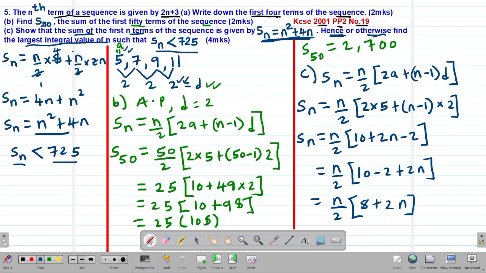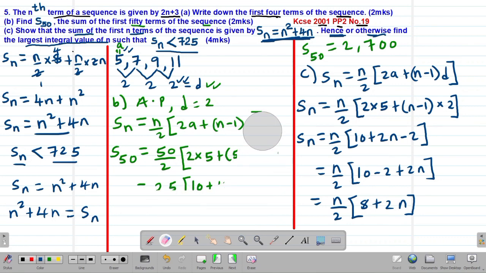So let me rewrite it in this particular manner. We had this equation here: Sn is equal to n squared plus 4n. Remember, I can rewrite this as n squared plus 4n is actually equal to Sn. Now, from this stage, I want to substitute the values that I have here.